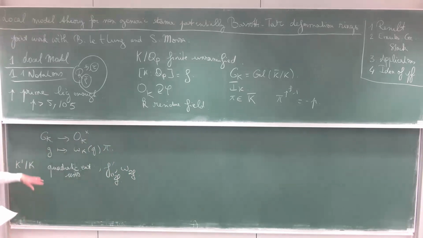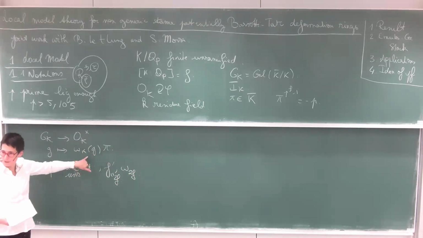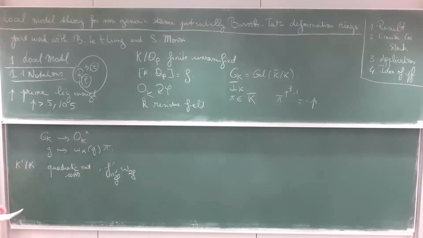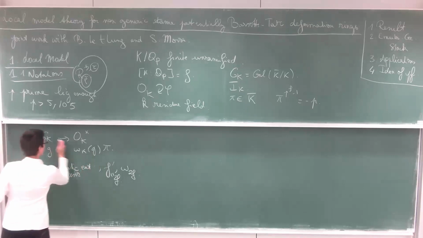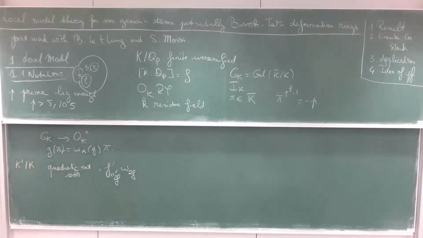Okay, thank you for mentioning it. So you have an action of G_K on k in this way, and so it allows you to define this element. I'm so sorry. It said thank you very much. No, it was completely nonsense. Okay, thank you.